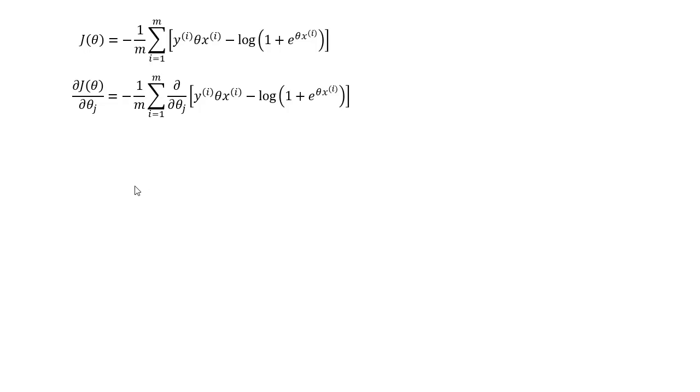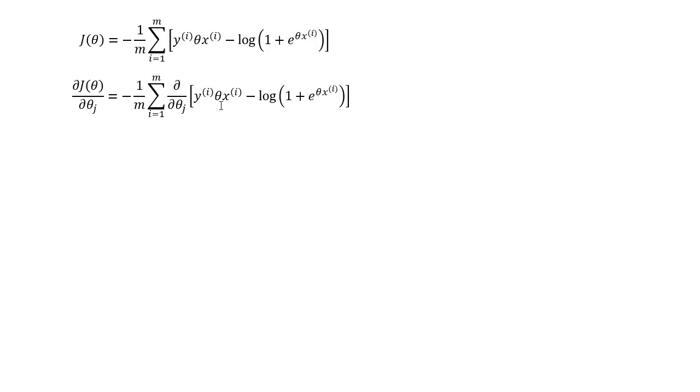Okay, so when I do that, I get negative 1 over m, summation i from 1 to m, the partial of that. Now keep in mind this is taking the partial with respect to theta j. So every other theta is treated as a constant. When I take the partial derivative of something like theta x_i, the only theta that will not be a constant is theta j.